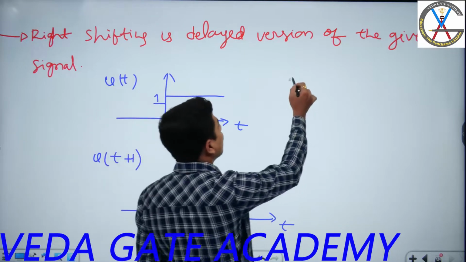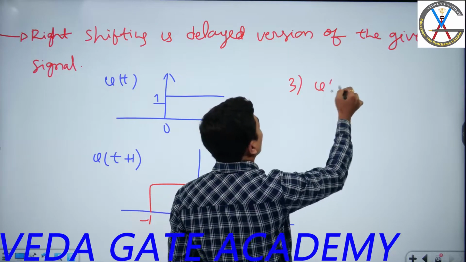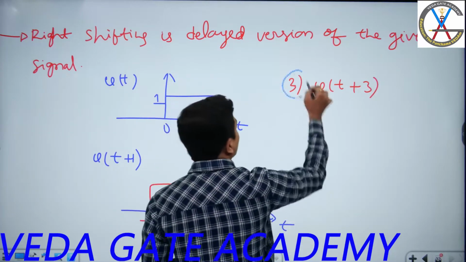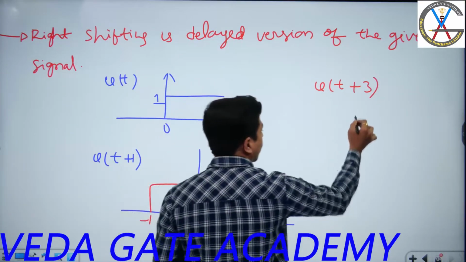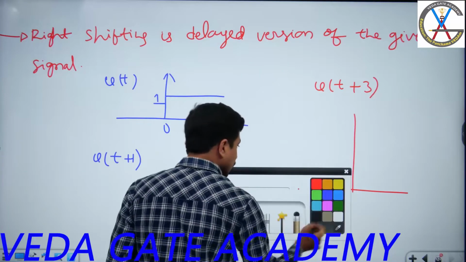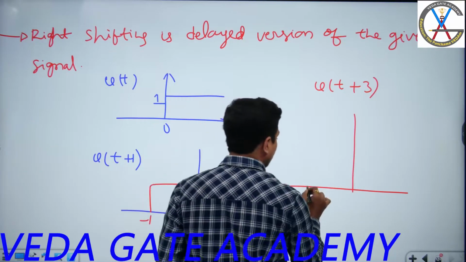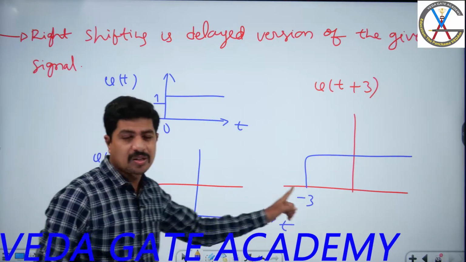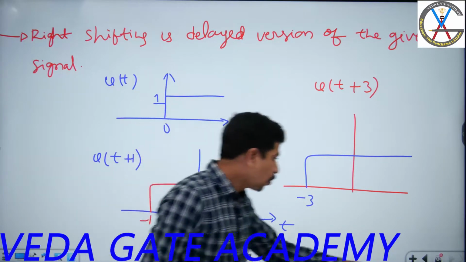Now let us sketch u of t plus 3. I am sketching over here. Observe u of t plus 3. This will start at t equal to minus 3. This is more advanced when compared to this one. So what is the note point here?